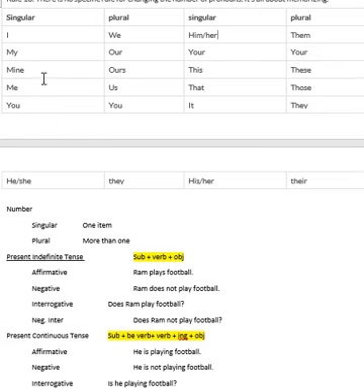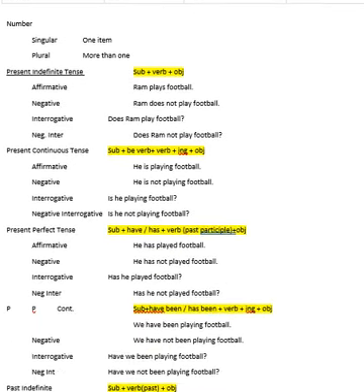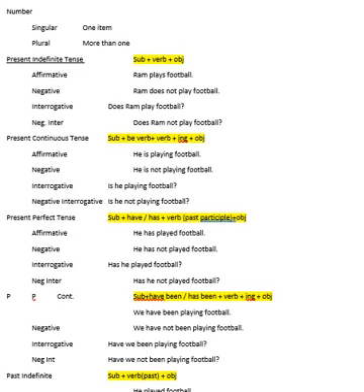My is our, mine is ours, me is us, you is you. It is they. That, those, this, these, your, yours. He, she, they, his, her, their. You all will have to remember and memorize these parts.